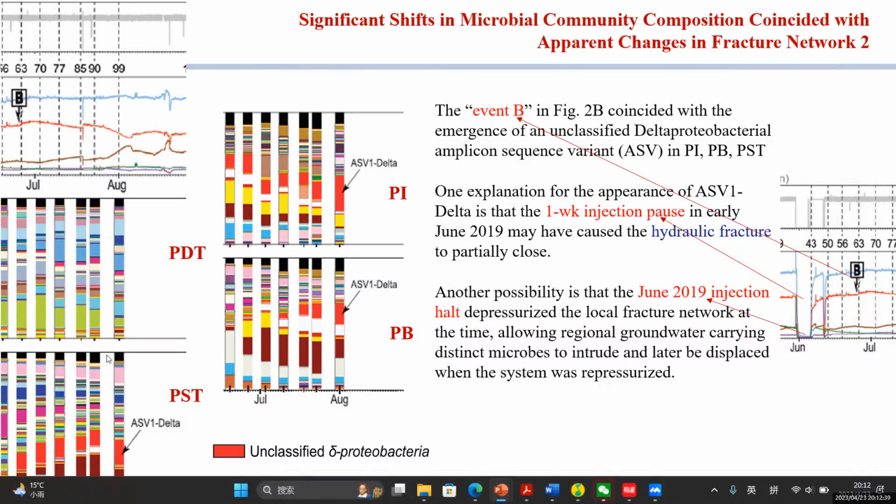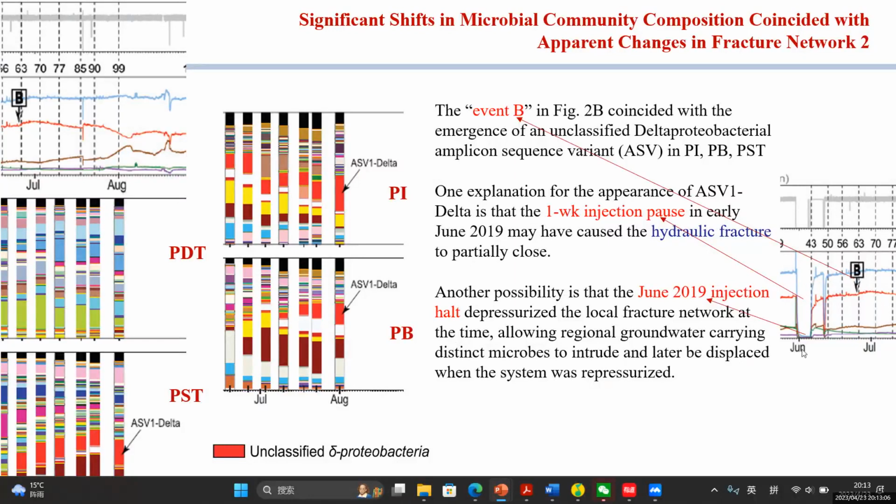Before this, it was undetected, but after event B, at this timing, they started to detect this kind of microbe. And so there are 2 explanations for this.